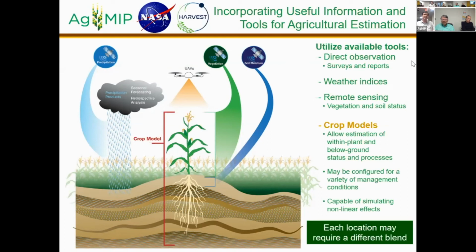But the bottom line here is that there's likely to be a different blend of perspectives that give us the best overall sense of what is happening on any given field. We can't expect it all to come from any one of these sources. And in many cases, these things can connect and lead to something greater than the sum of its parts.